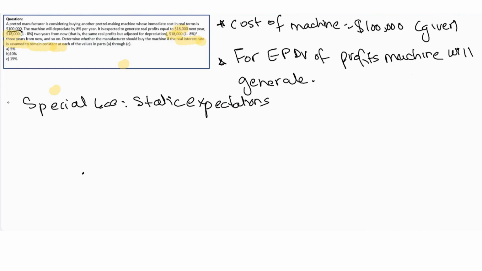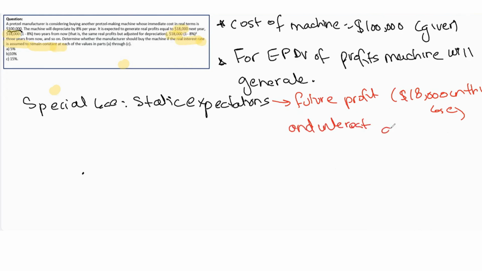This is where future profit, $18,000 in this case, real profits remain the same, just adjusted for depreciation each year, and the interest rate are expected to remain at the same level forever. So your future profits are expected to remain at the same level and so are your interest rates.